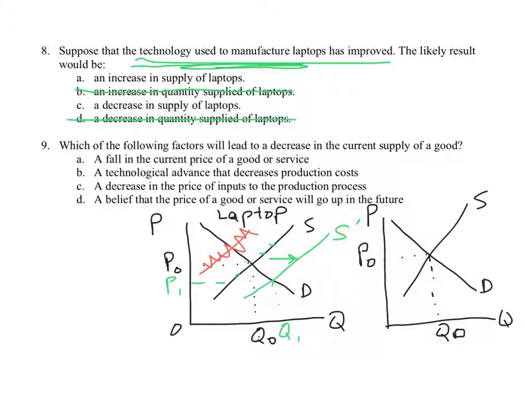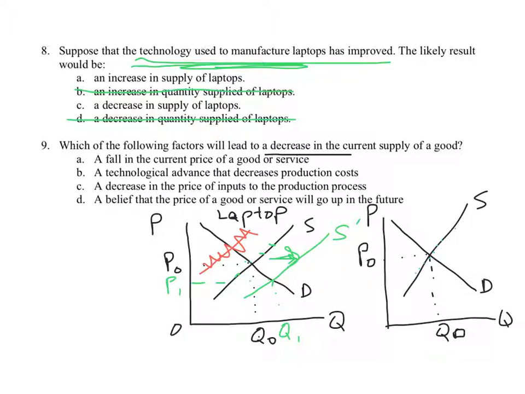So here, a fall in the current price of a good or service. Remember, we're looking for what could cause a decrease in the current supply. So a fall in the current price of a good or service, well, that's just going to cause a movement along a supply curve, not a decreased supply. The technological advance that decreases production costs, we just did that one, and that's an increase in supply.